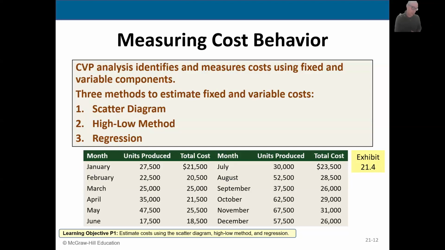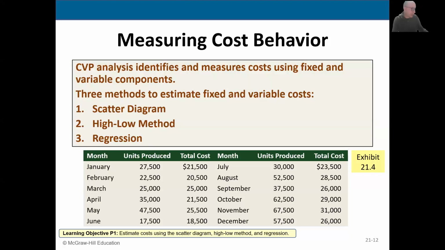Here we have some data. We have all 12 months of the year. We also have an estimate of the number of units we expect to produce in each month. And a lot of times that's based off of our previous sales. We also have an estimated budget of our total costs for each month. Okay.